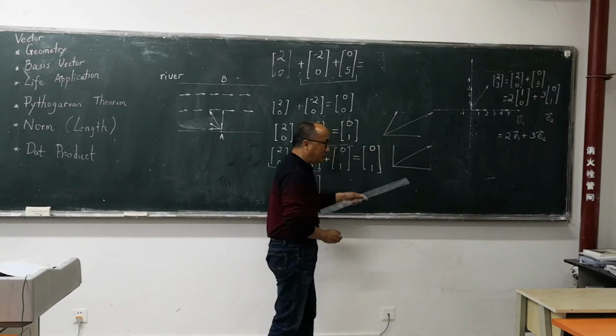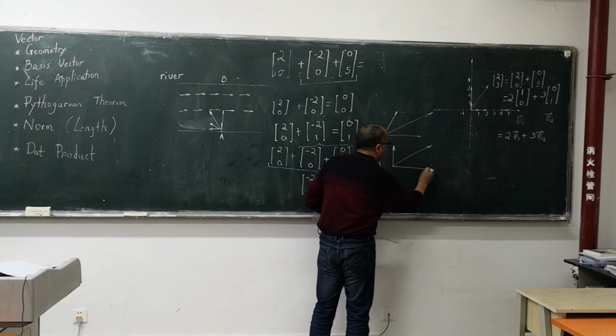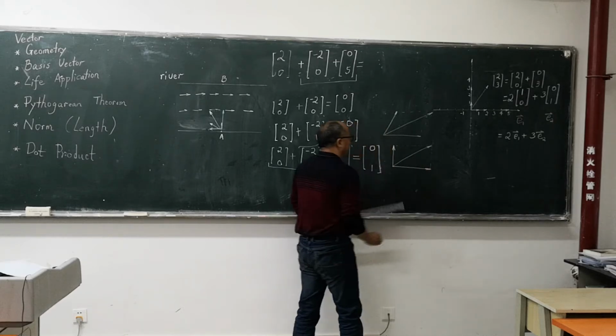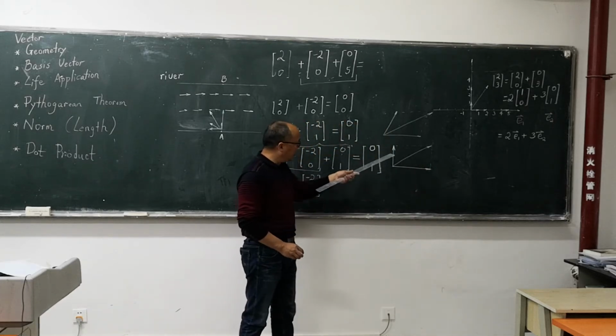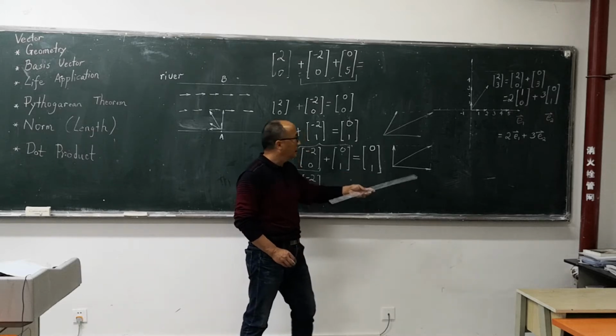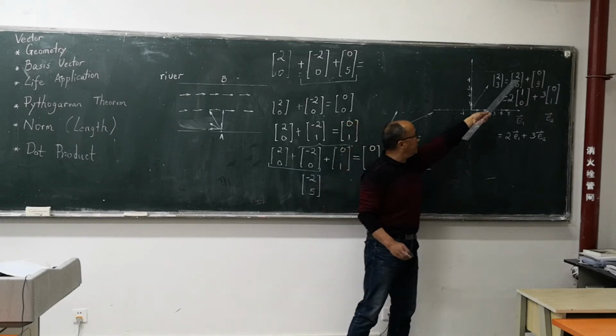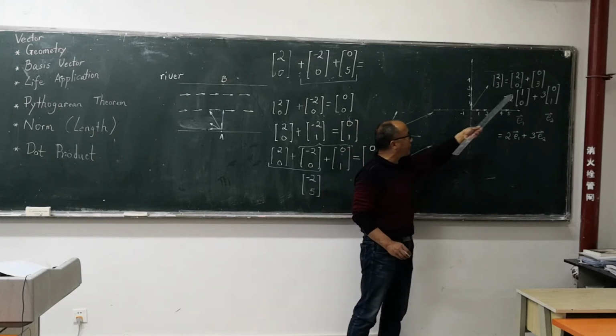This vector can be considered as this vector plus this vector, like a 2, 0 vector plus a 0, 3 vector.